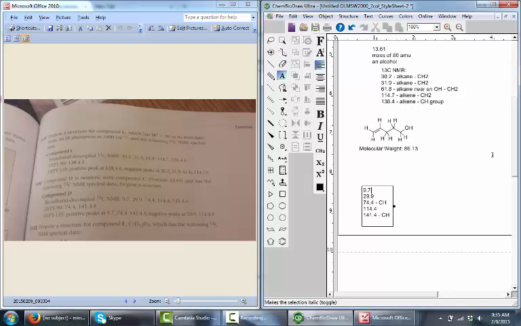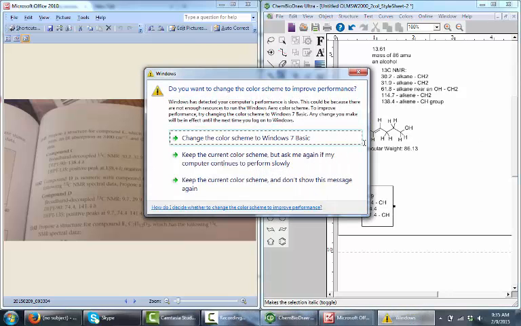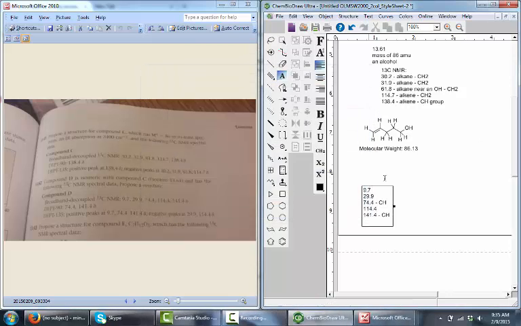So the 74.4 is a CH, so is the 141.1. That 9.7, which is a positive peak in DEPT 135, but did not show up at all in DEPT 90, that's a CH3. And then all my negative peaks in DEPT 135 are CH2s. So I have a CH2 there and a CH2 here.